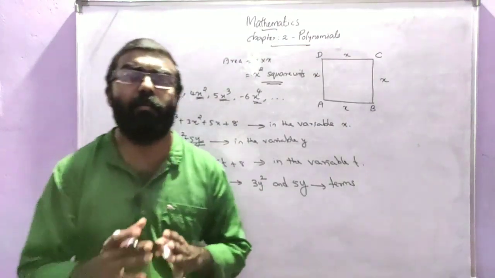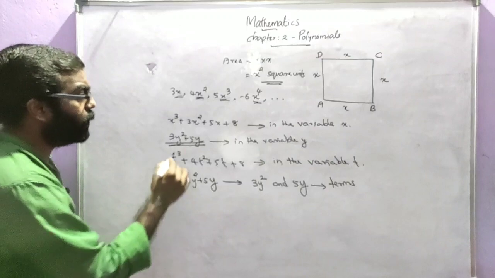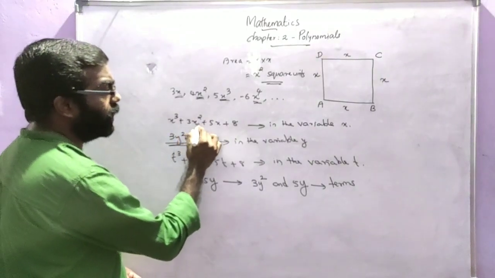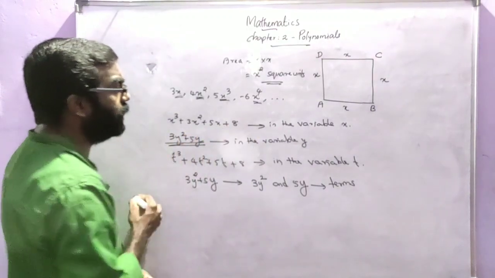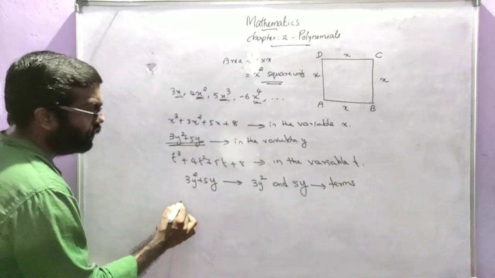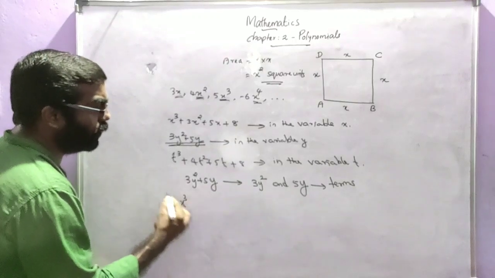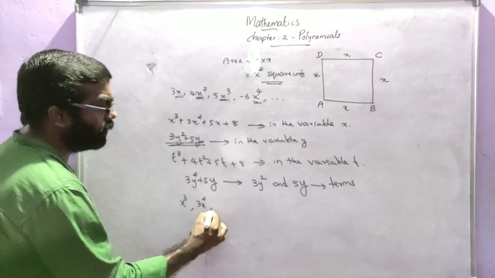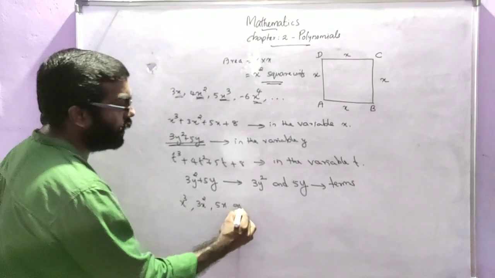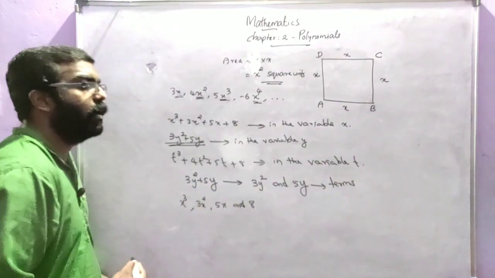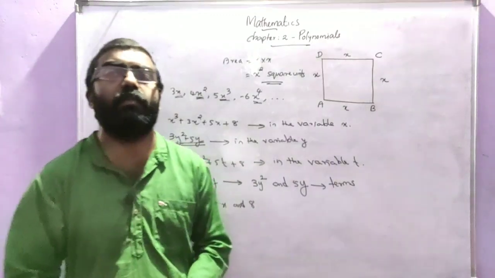Similarly, in the polynomial x cube plus 3x square plus 5x plus 8, x cube, 3x square, 5x and 8 are called the terms of the polynomial.